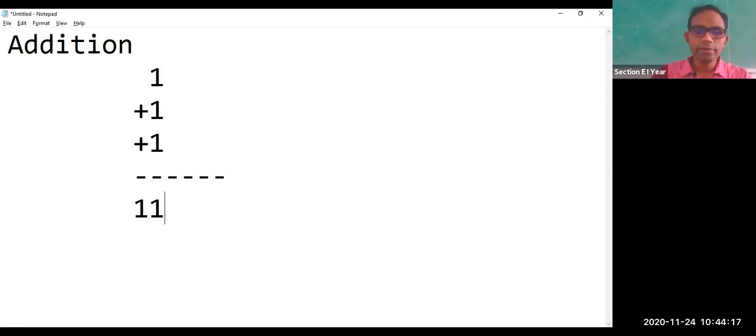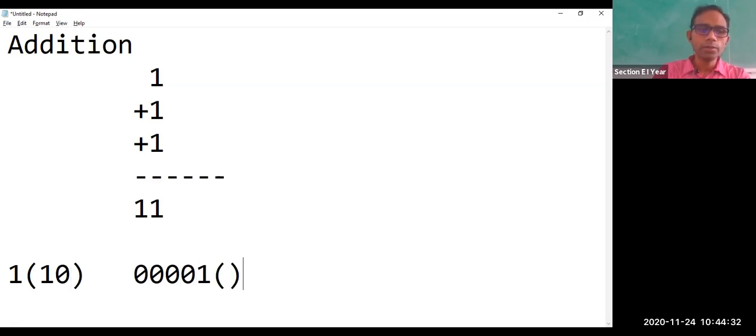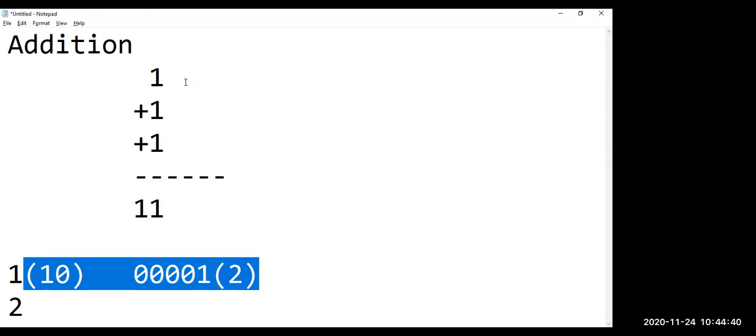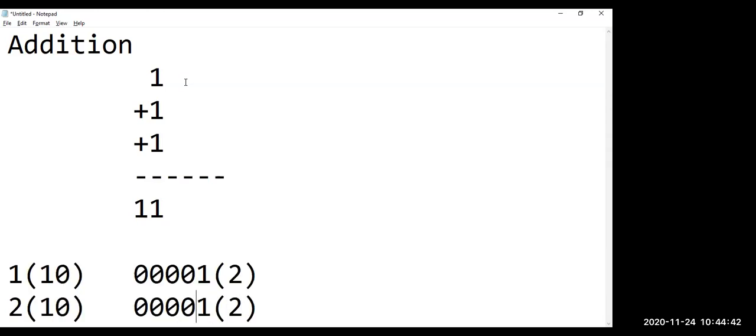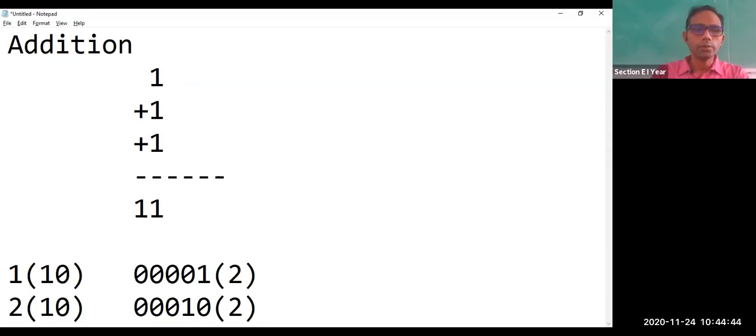Now, what is the binary equivalent of 1? Let us see. This is the decimal number system, to the base 10, and this is the binary number system, to the base 2. Then decimal number 2, the binary equivalent is 1, 0.